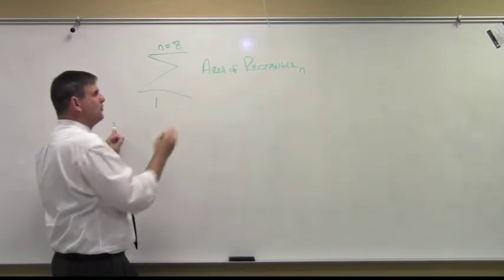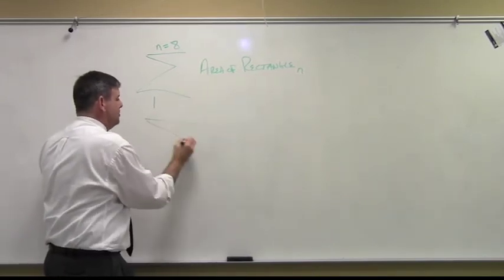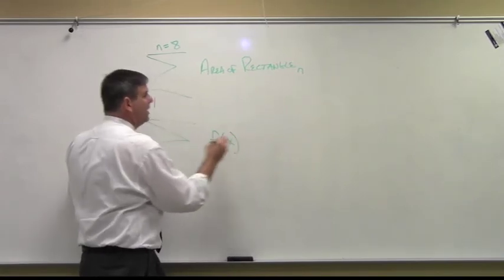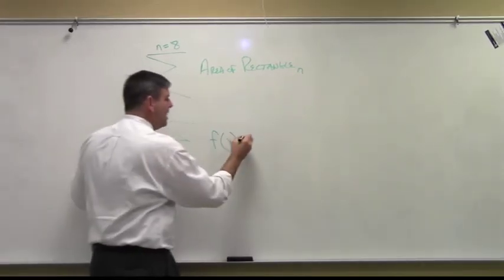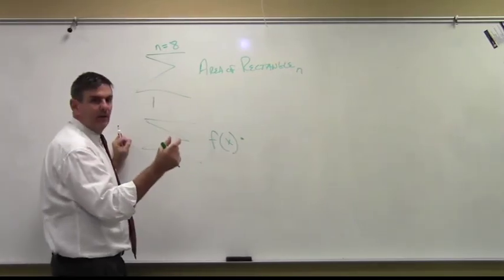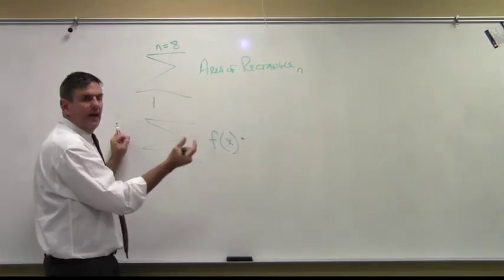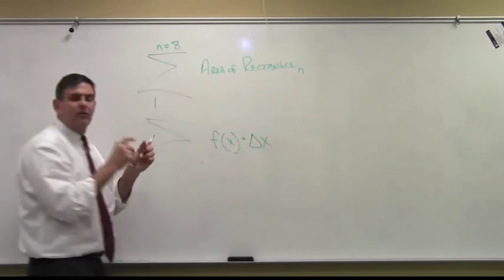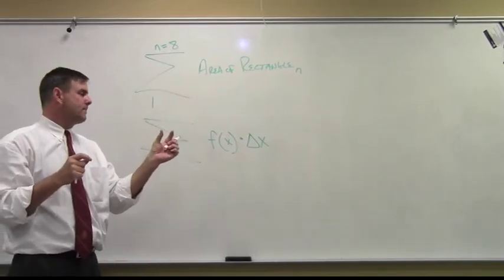And where do those rectangles come from? Well, it's the summation of f of x, which tells you the height of your rectangle, times the width of your rectangle, which we'll call delta x.